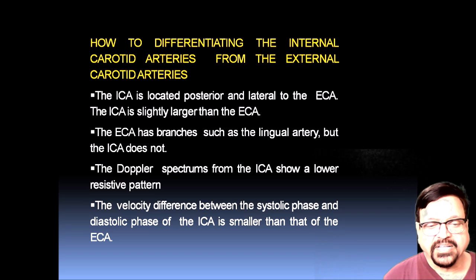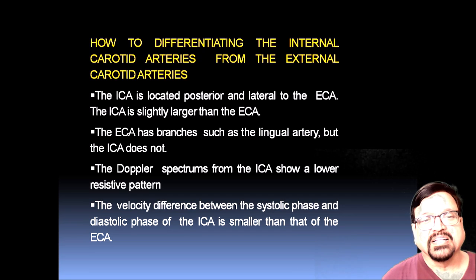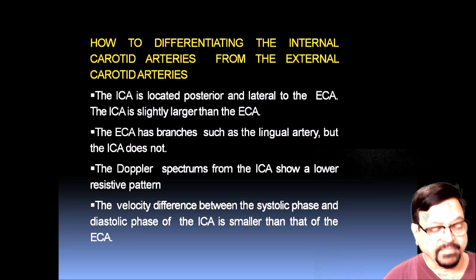The Doppler spectrum from the internal carotid artery shows a lower resistive pattern. The resistive pattern of the internal carotid is of low type. The velocity difference between the systolic phase and the diastolic phase of the ICA is smaller than that of the external carotid artery.